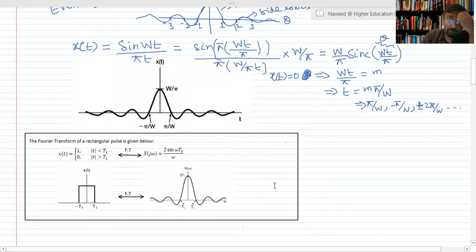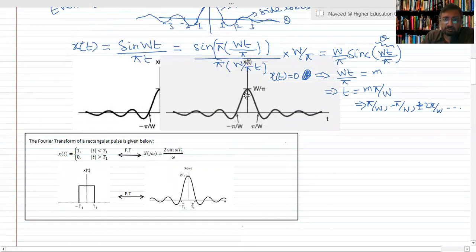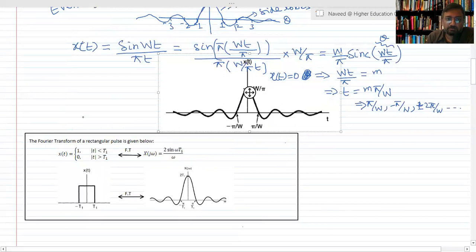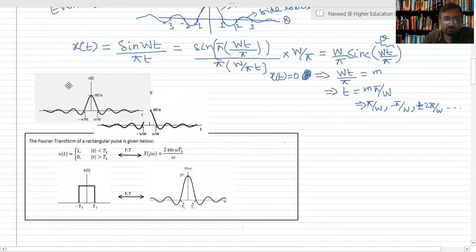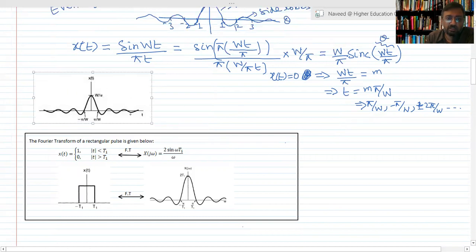But I want to draw your attention to a few interesting things. Let me bring this to the side and make it smaller to get some space.